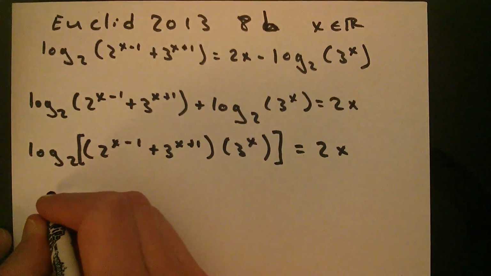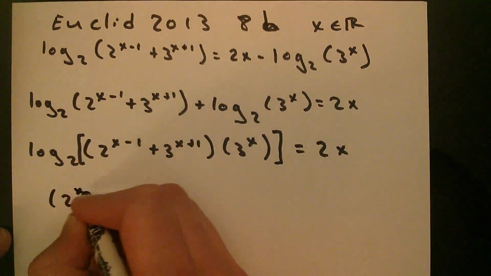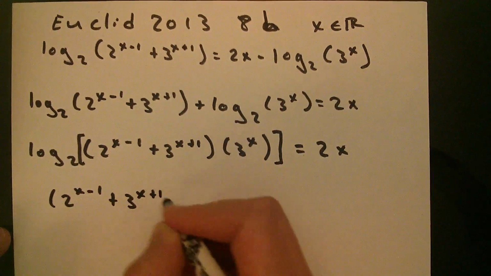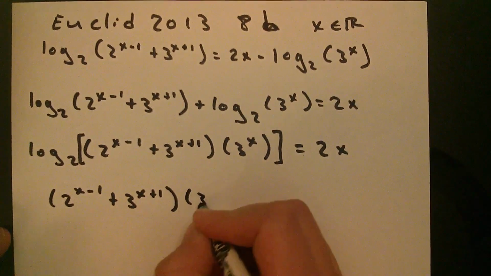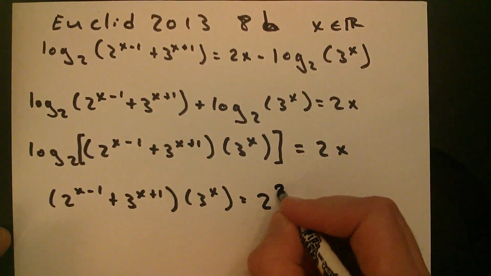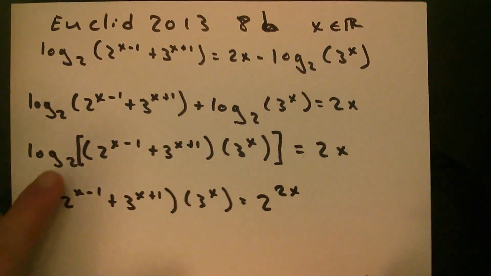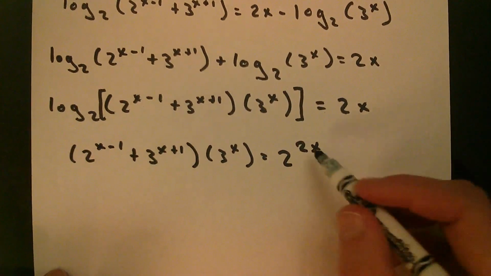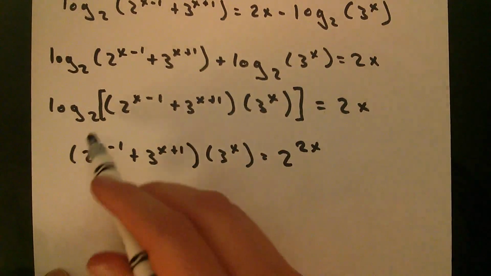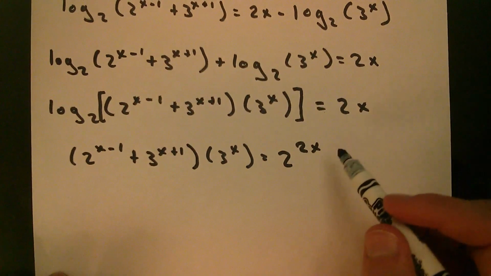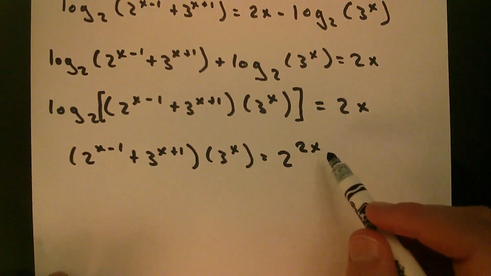So that will become 2 to the power of x minus 1 plus 3 to the power of x plus 1 times 3 to the power of x equals 2 to the power of 2x. So the base of this log became the exponent. The base here became the base underneath this 2 to the power of x, and 2x became the exponent.